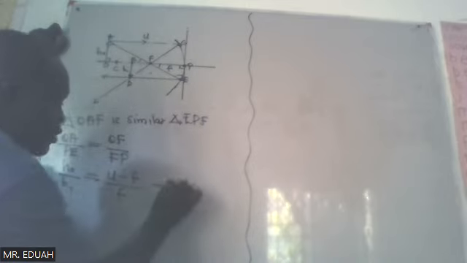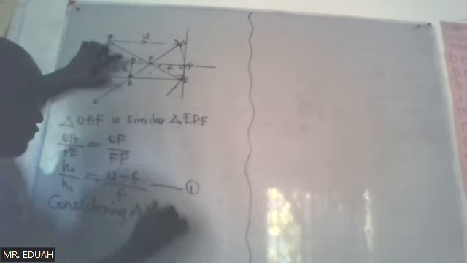OF, this is U. From FP is F. And so OF will be equal to U minus F, over FP itself, which is F. We have equation 1.